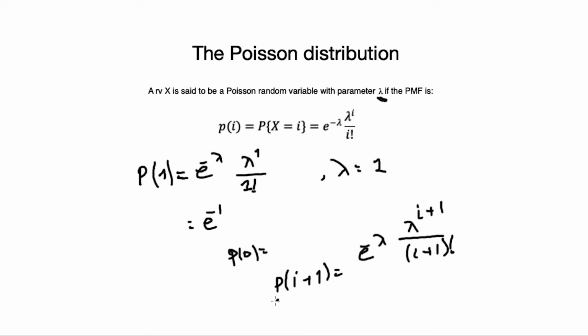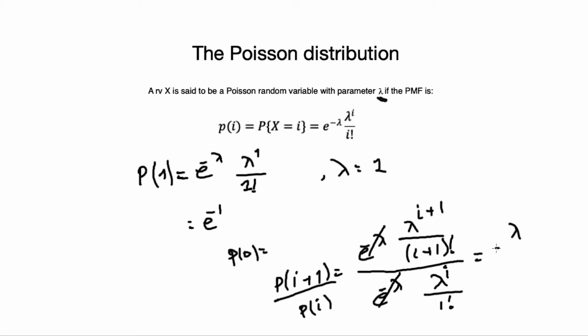If we divide it by P of i, which is e to the minus lambda times lambda power i over i factorial, the e to the minus lambda terms will cancel, and lambda power i plus 1 and lambda power i will cancel, leaving just lambda, and i factorial will also cancel, and we will get just lambda divided by i plus 1.